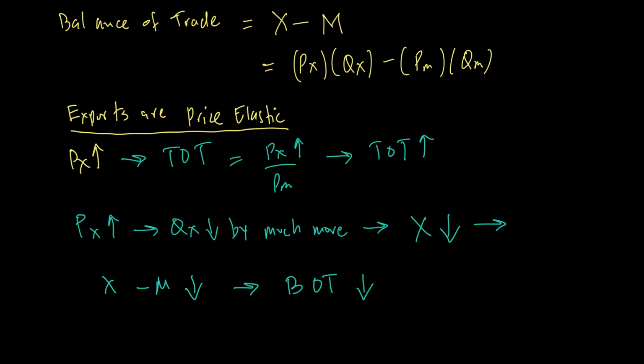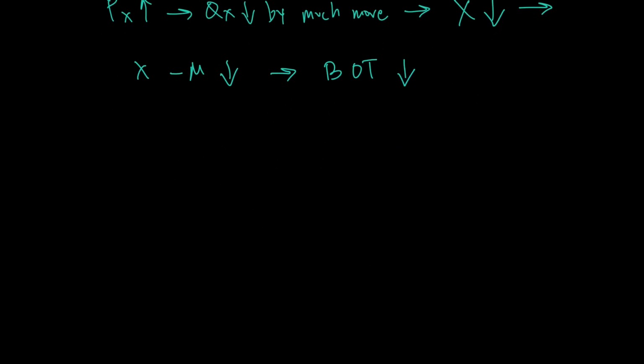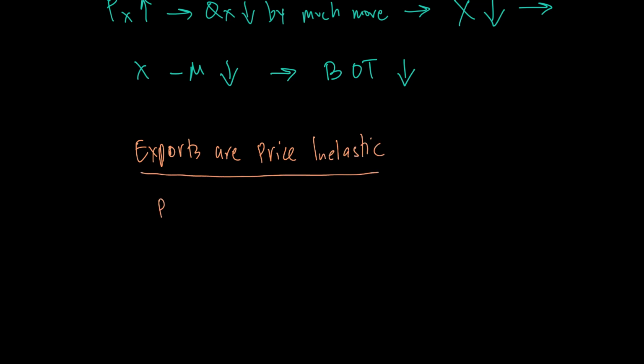On the other hand, let's do another example where the terms of trade and balance of trade will both improve at the same time. What if exports are price inelastic? If the exports are price inelastic, when the price of exports go up, terms of trade will simply go up, because terms of trade is px over pm. I'm rewriting this.